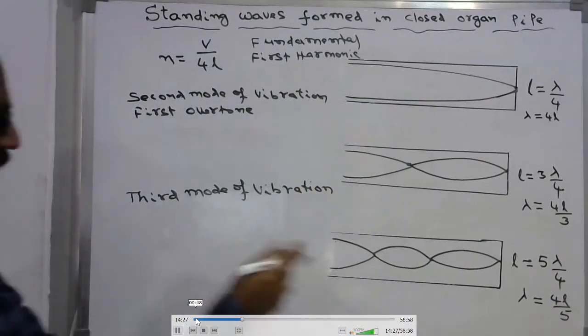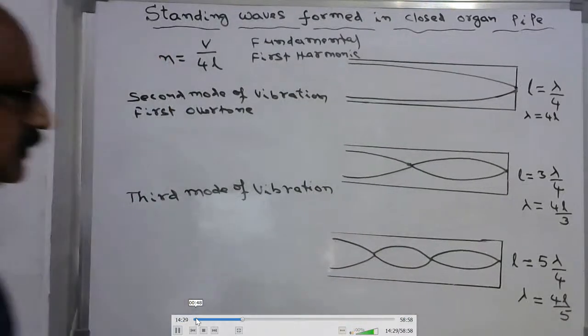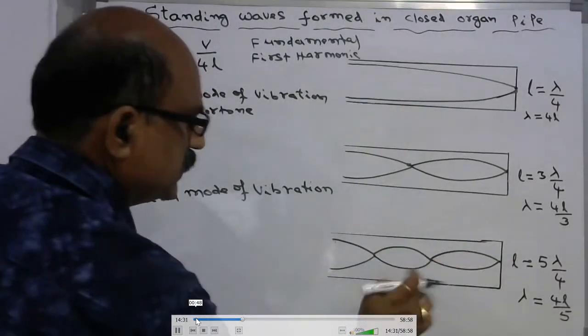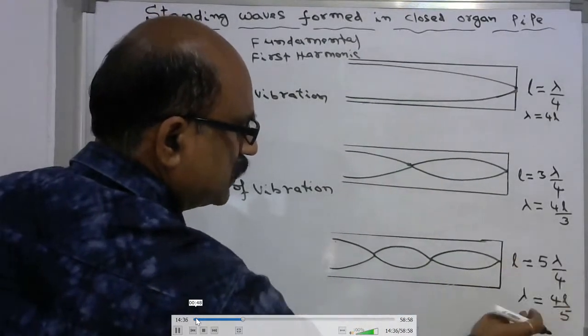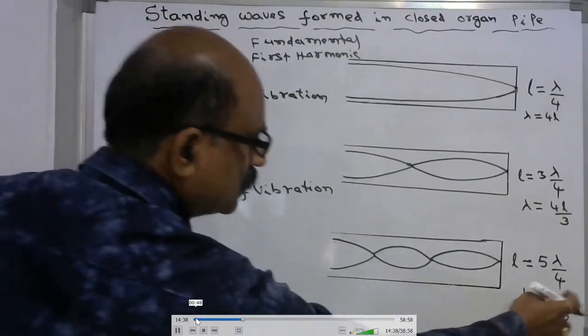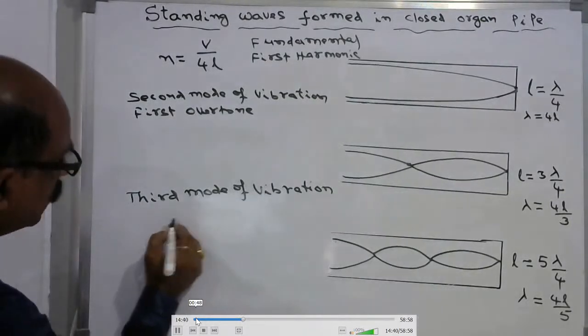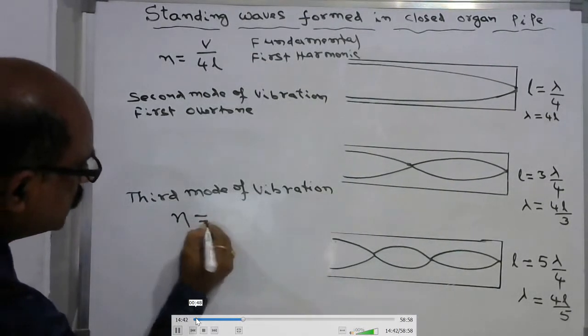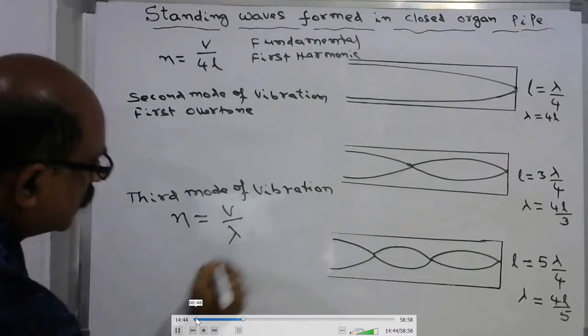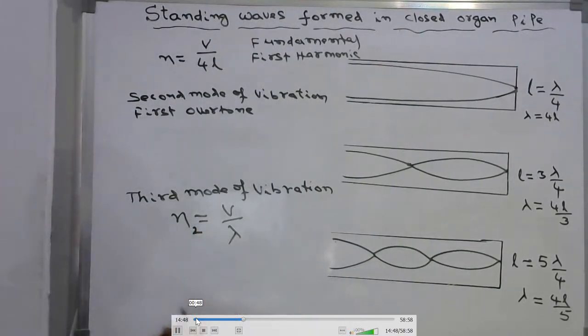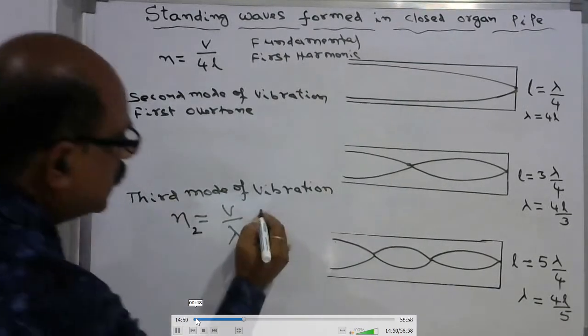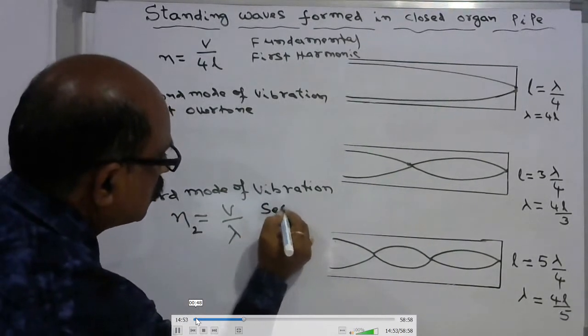In this case, we have 3 nodes and 3 antinodes, and the length of the air column is 5 lambda by 4. Hence lambda is equal to 4L by 5. This is the third mode of vibration, or second overtone.